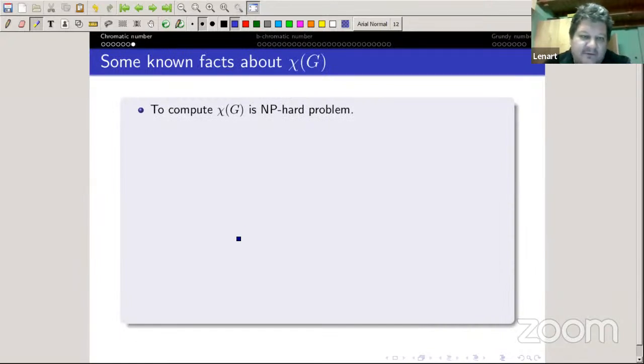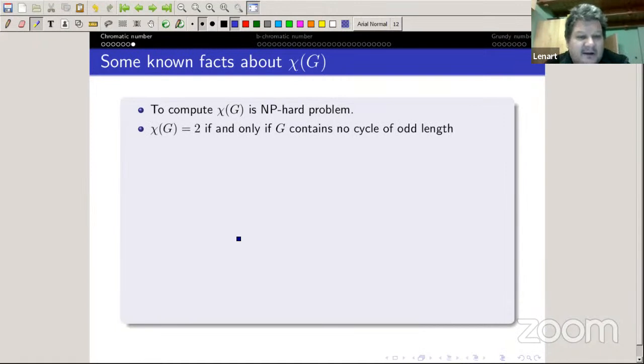Okay, some really well-known facts about coloring. This is an NP-hard problem. If you don't know what this means, it doesn't really matter for us right now, but this means that there is no known polynomial time algorithm yet. Many people believe that such an algorithm does not exist, and therefore this means that we need a lot of time to derive this invariant.